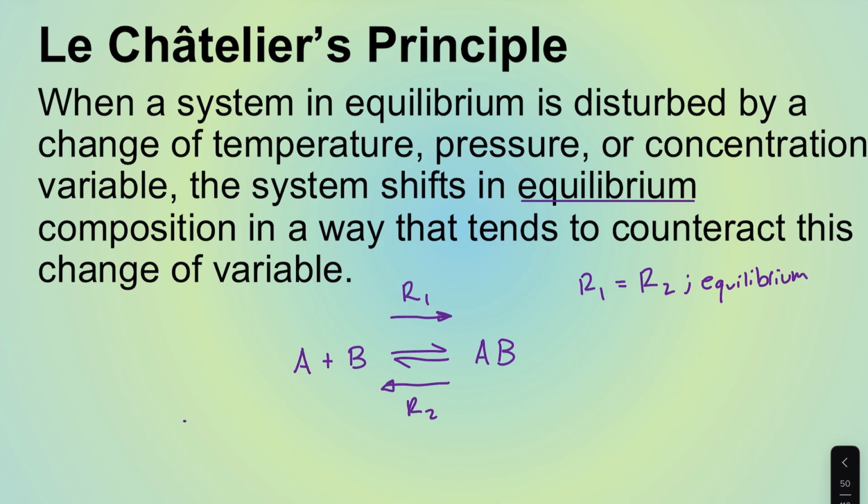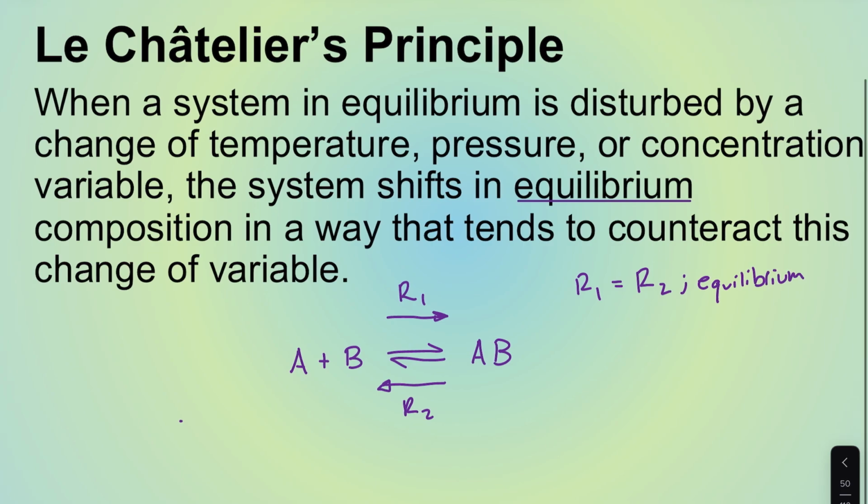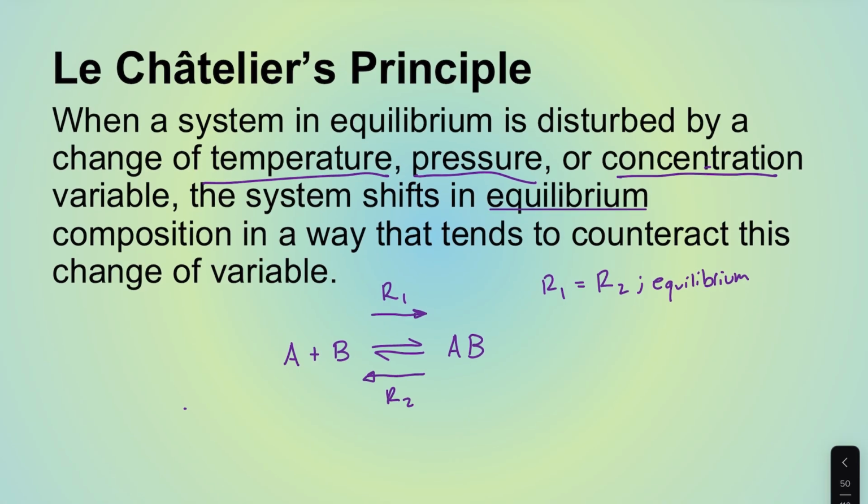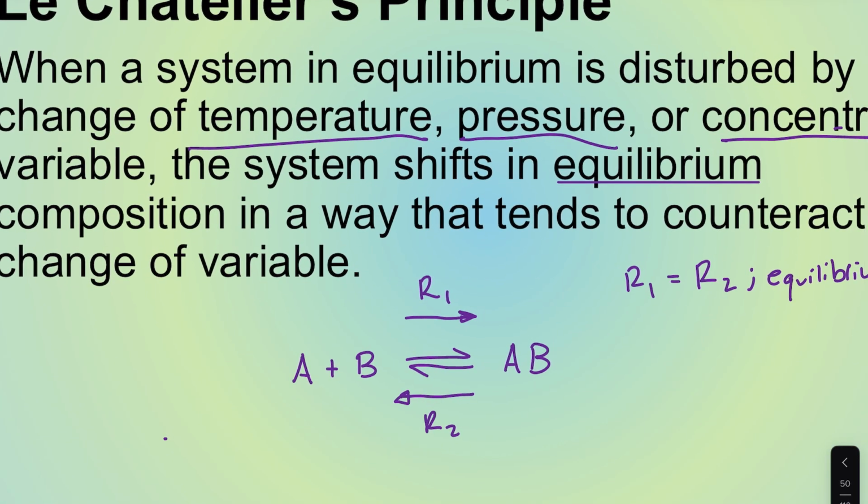And so, what Le Chatelier's principle says is that if you change the temperature, pressure, or concentration of the reactants or products, then you will shift the reaction one way or another. And so, what that means is that let's say that we have a 1 molar solution of A, a 1 molar solution of B, and we end up getting some kind of molarity on the other side.